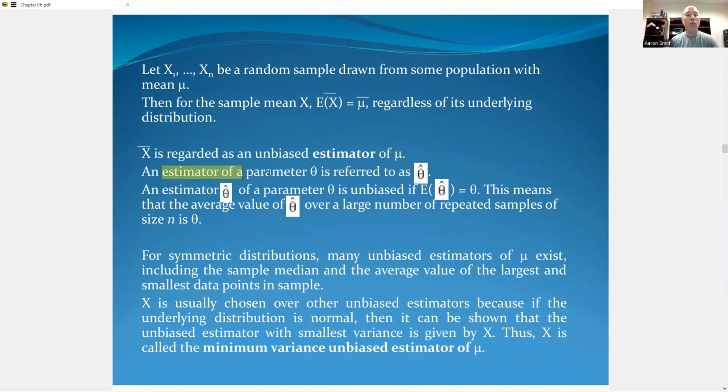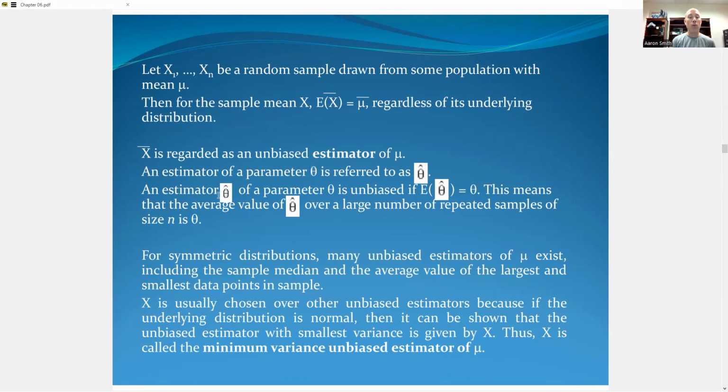An estimator of parameter theta is referred to as theta hat. All right, so in statistics, we use Greek letters to represent the unknown values that we are attempting to estimate. And so this is what I would like to know, but I don't actually know it. I'm using data to get my best guess. When I put a hat on it, this hat indicates that this is my estimate of this value.